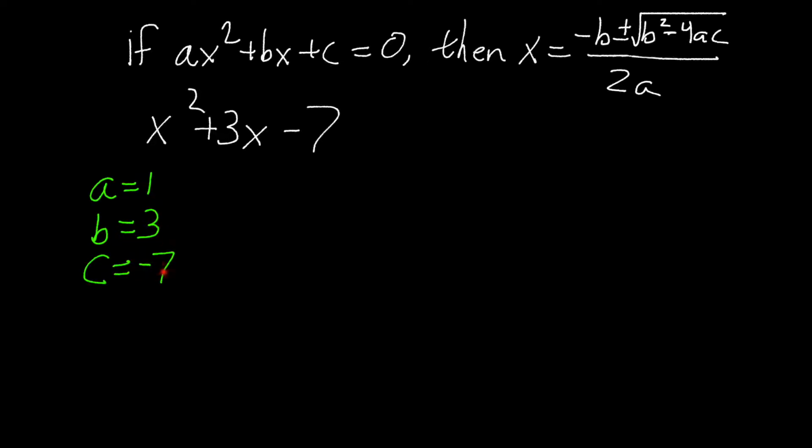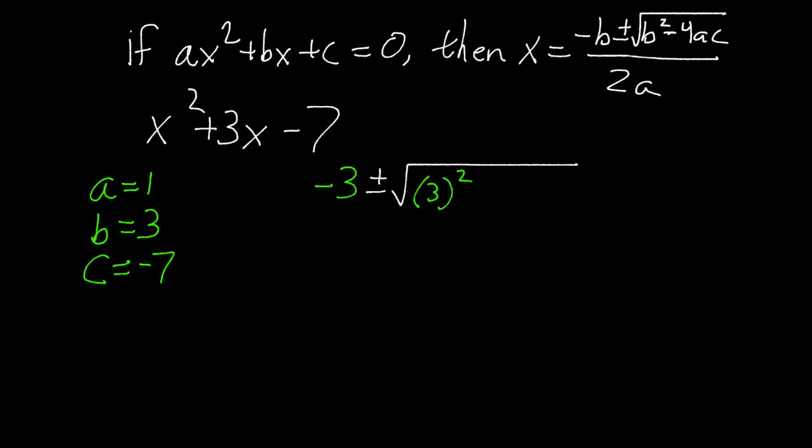Now, once we have those 3 values, we are going to put those 3 values in for their specific spots. B's for B's, A's for A's, C for C. Let's begin with the very first part. Negative b, or the opposite of b. B is 3, so the opposite is a negative 3. Plus or minus the square root of b squared, so now we're back to the original b, so 3 squared.